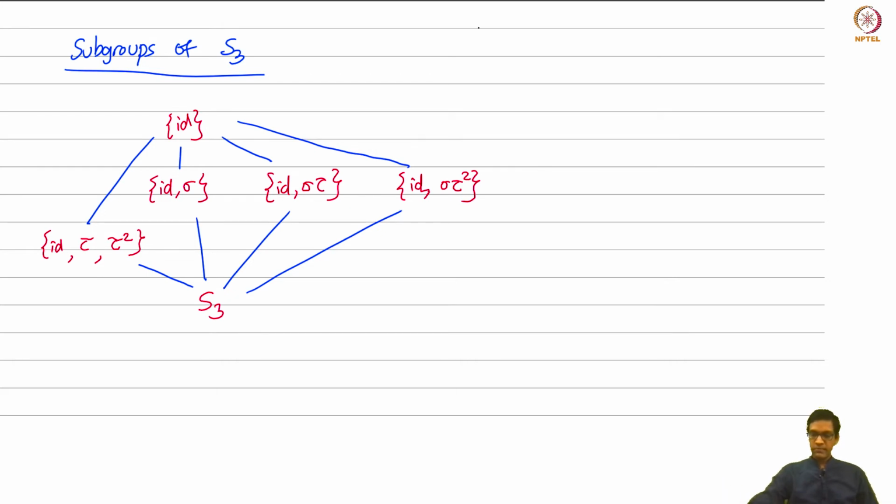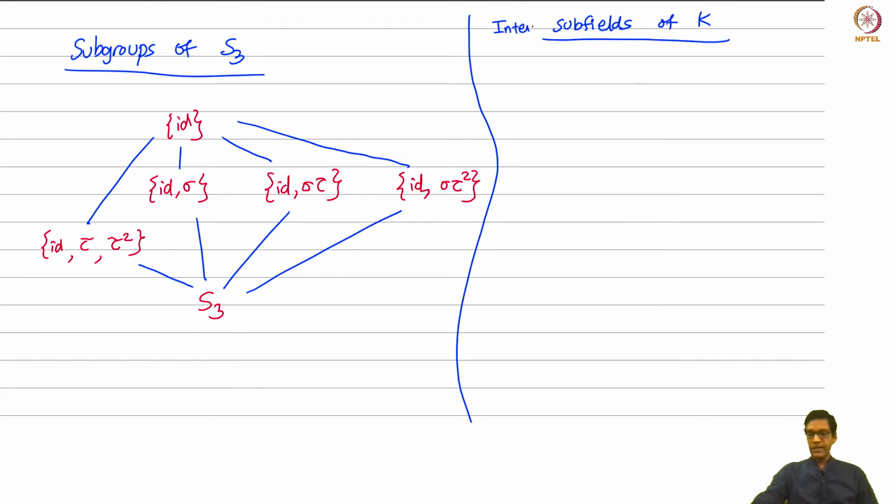So I've drawn them here. Now what does the fundamental theorem of Galois theory say? That this is in one-to-one correspondence with the subfields of K. Okay, well, I should actually say the intermediate subfields of this extension, meaning subfields which lie between K and Q.